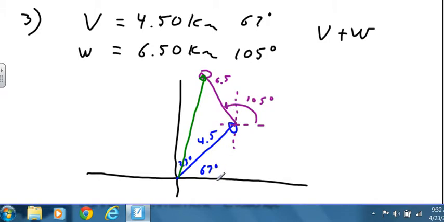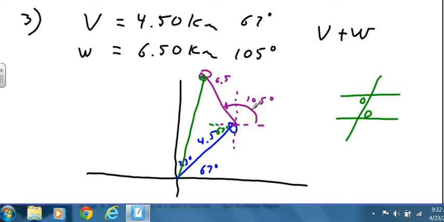So I say, well, a transversal going through two parallel lines, alternate interior angles are equal. I remember that from 9th grade geometry. So if this is 67 there, this has to be 67 down there. Alternate interior angles.